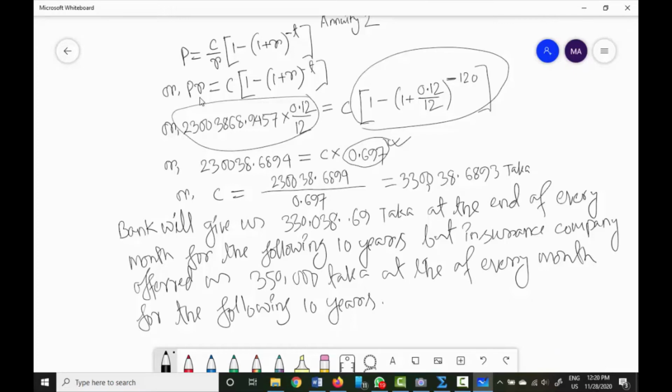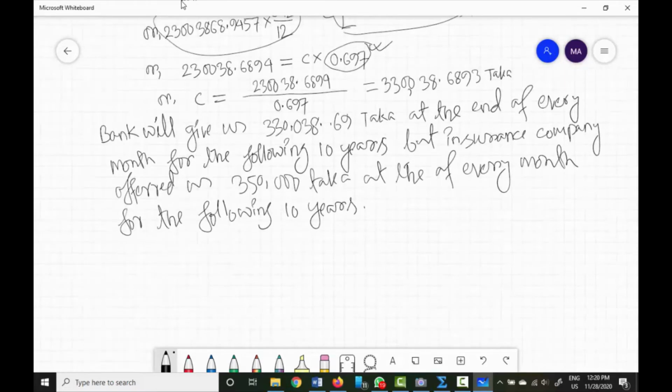So it is clear the insurance offer is better.